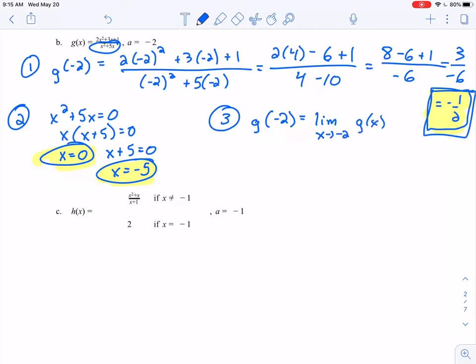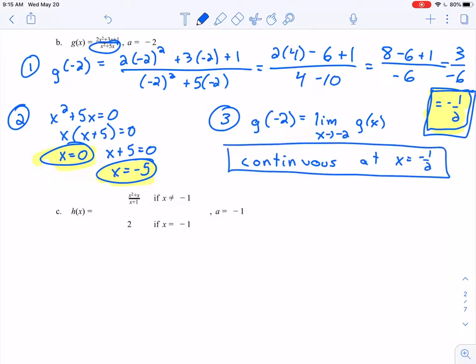So this function is continuous at x equals -1/2, which is what I wanted to show. So that's kind of a nice case. Again, we like it when things are continuous. That helps us. It makes our lives a little bit easier.